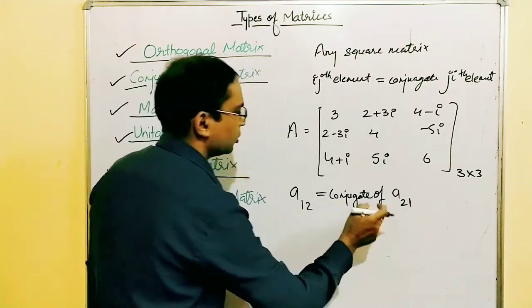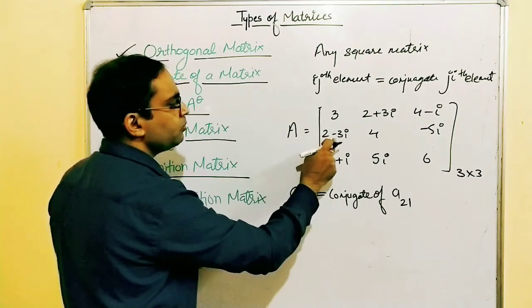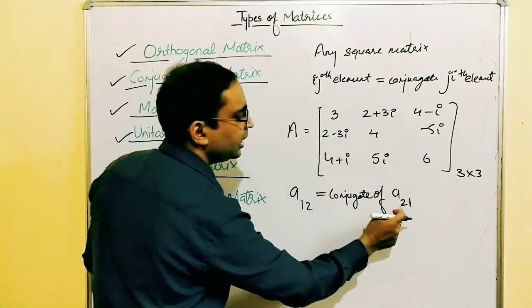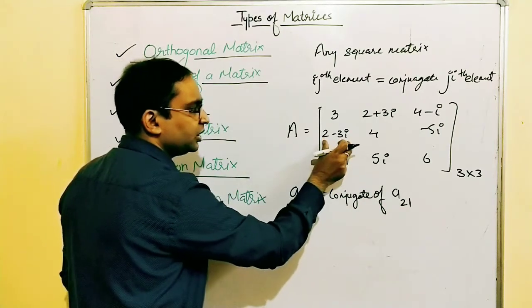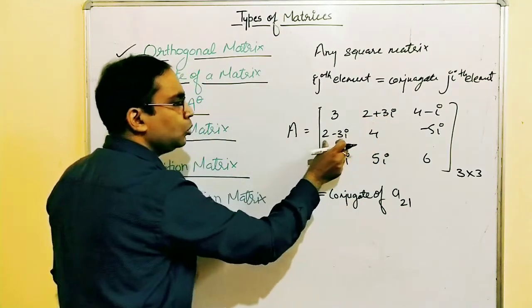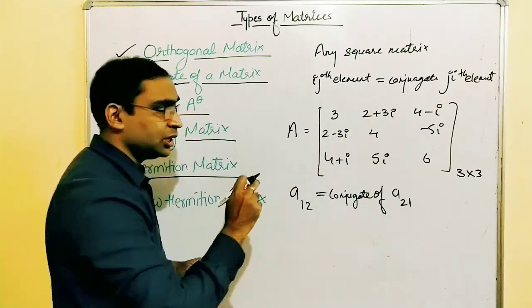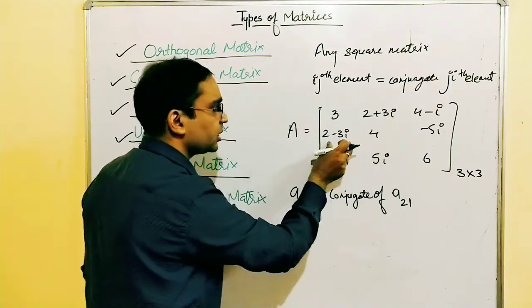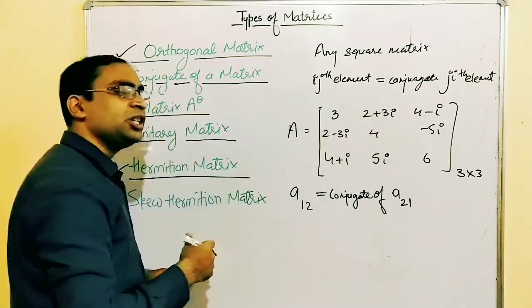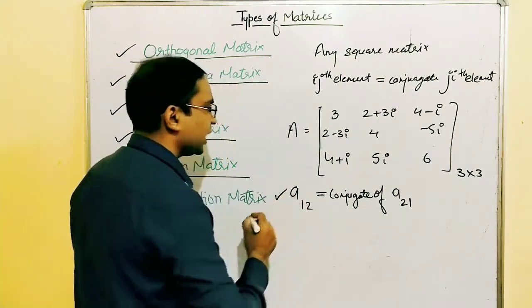What will be the conjugate? So a2,1 is 2 minus 3i, the second row, first column. We need to compare these two elements, and both must be conjugates of each other. If this is 2 plus 3i, this is 2 minus 3i. Yes, this is the conjugate of this. That means both are conjugates of each other. So this condition is true for a12.